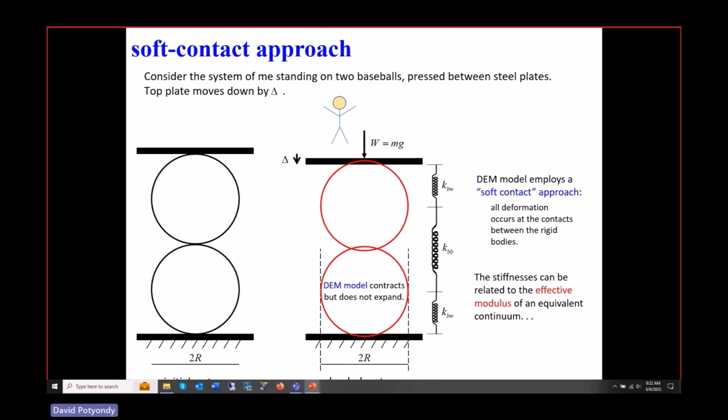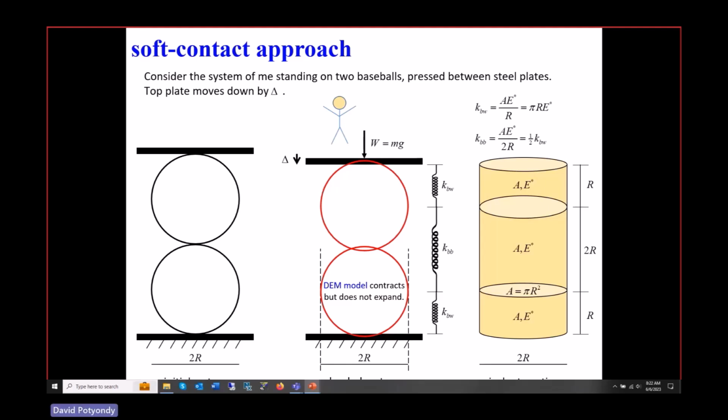Think of it this way. I'm going to take this discrete system, and I'm going to conceptually pretend that this discrete system is this. What's this? Think of this as 3D. This is a circular cross-section cylinder, and this cylinder goes from the center to the top of the particle.